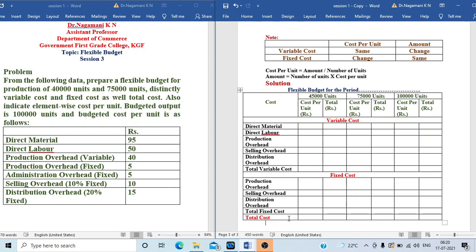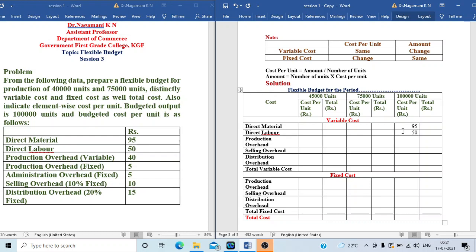At the end we have to put the total cost, that is variable cost plus fixed cost. Now the base information is for 1 lakh units. What is the information that is given? Cost per unit information is given for 1 lakh. Direct material 95, I am entering 95 in the cost per unit column.